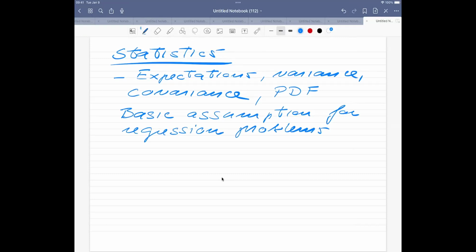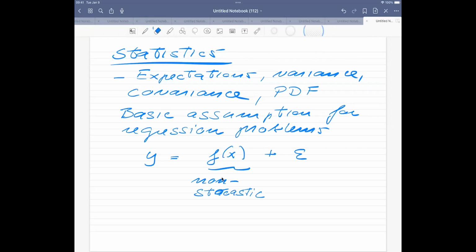So the basic assumption is that y is equal to f of x, and we mentioned that in the very beginning, plus some epsilon. So this f of x is what we call a non-stochastic function.